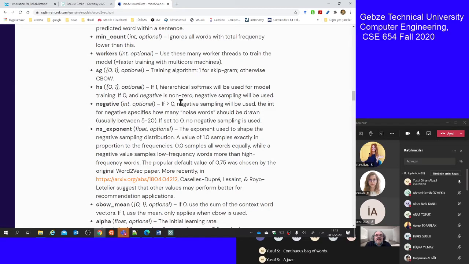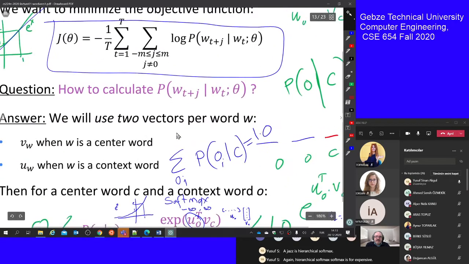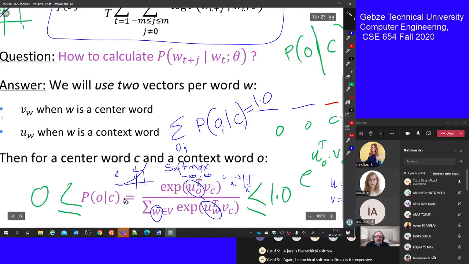HS is hierarchical softmax, which is so expensive here. How many possible softmaxes do I have in here? 40,000, right? Why? Because given the center word, what are the probabilities of all the context words?